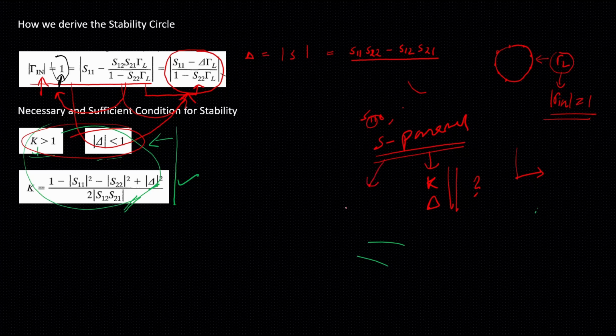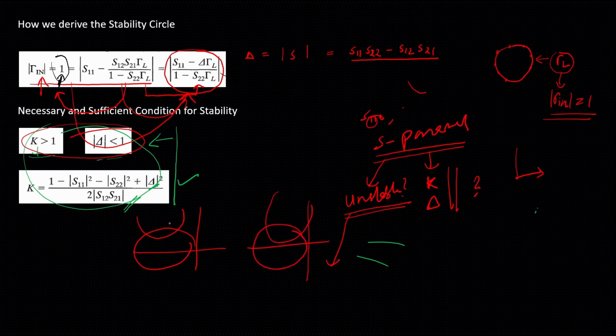Now, if it is unstable, then what will we do? We will try to draw the input stability circle and the output stability circle. Let us assume that we have already drawn them. This is for input and this is for output. Input means gamma s.